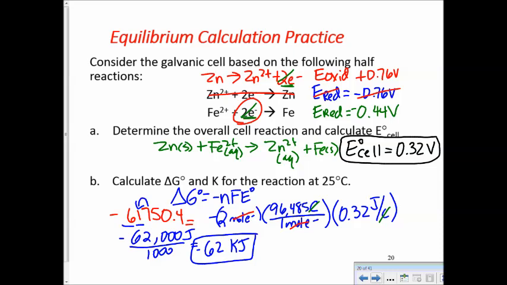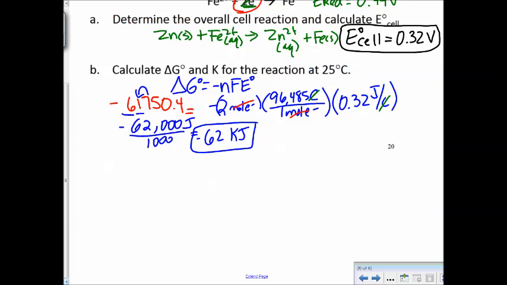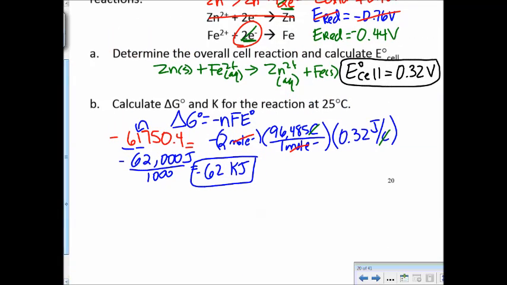Now, we need to find K. So which equation would we use here? Well, you can use either the E cell one, the Nernst, or you can use the delta G one, which is on your formula sheet. Doesn't matter. I'm going to use the delta G one since we just calculated delta G. And this one ends up being what?